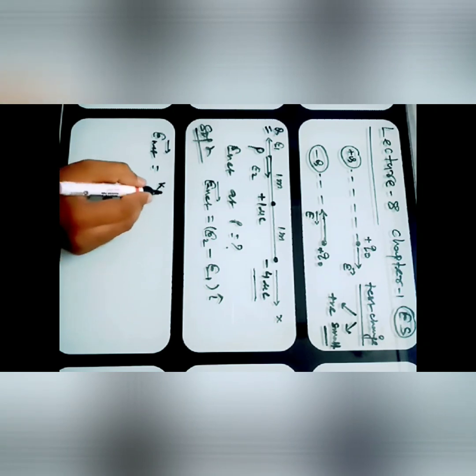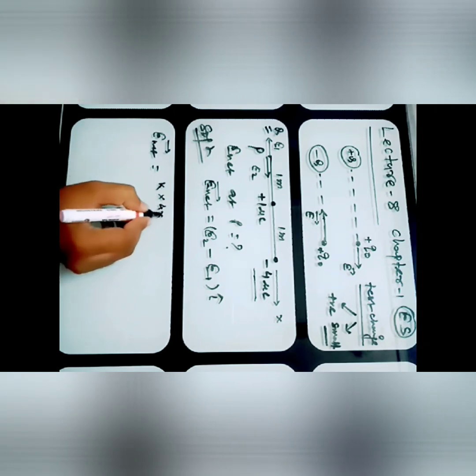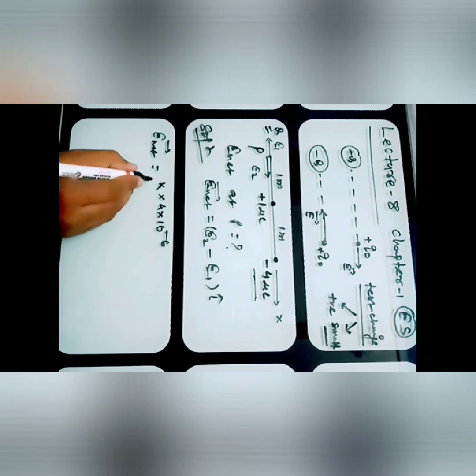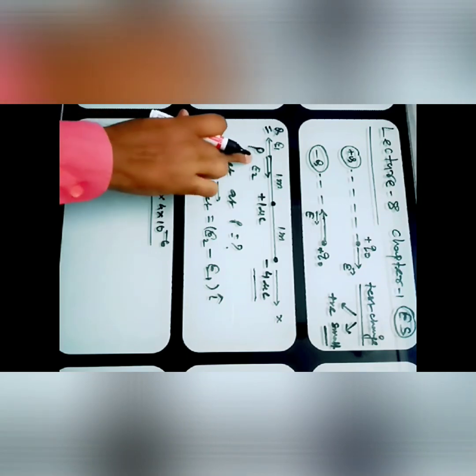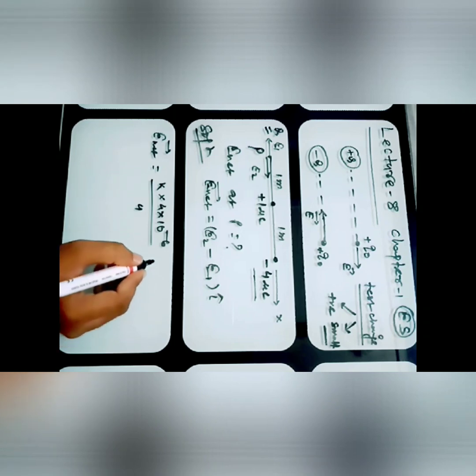So it is KQ over R square, K times 4 times 10 power minus 6. What is the separation between point P and the minus 4 microcoulomb charge? It is 2 meter. So it will be 4. What should be the unit? Yes, Newton per coulomb.